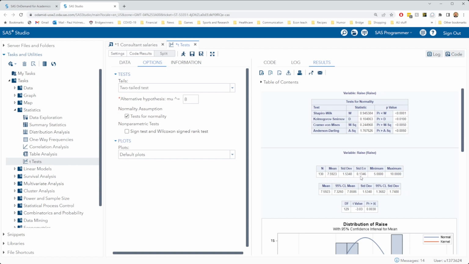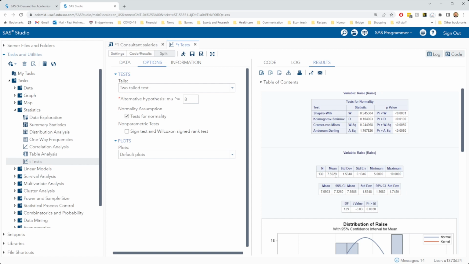We have a standard error, that is the standard deviation of this test statistic, of 0.13. And so we can think, okay, how many standard errors is this 7.59 away from the hypothesized value?